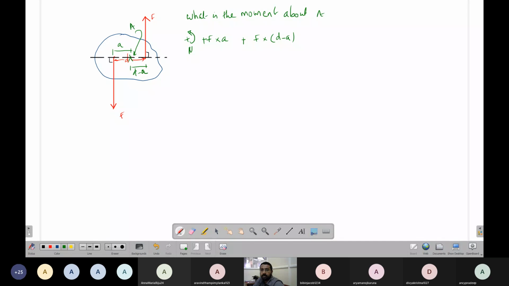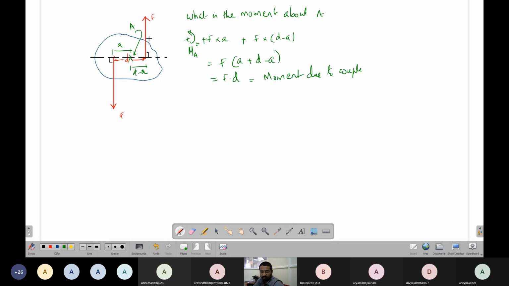So the total moment about A is F into A plus F into (D minus A). Taking F common, A plus D minus A, so this is F into D. This is equal to the moment of the couple.